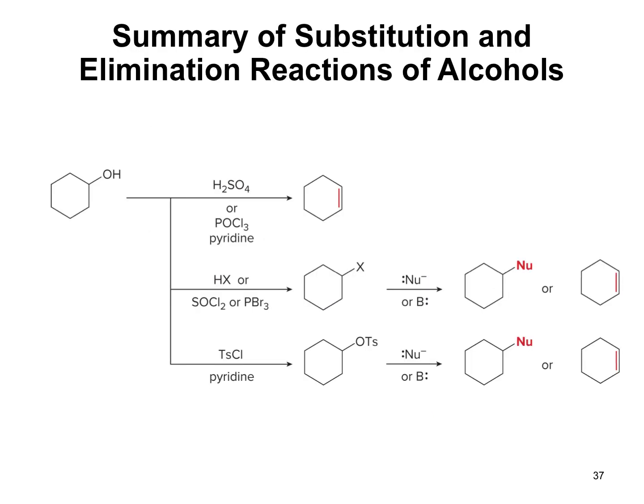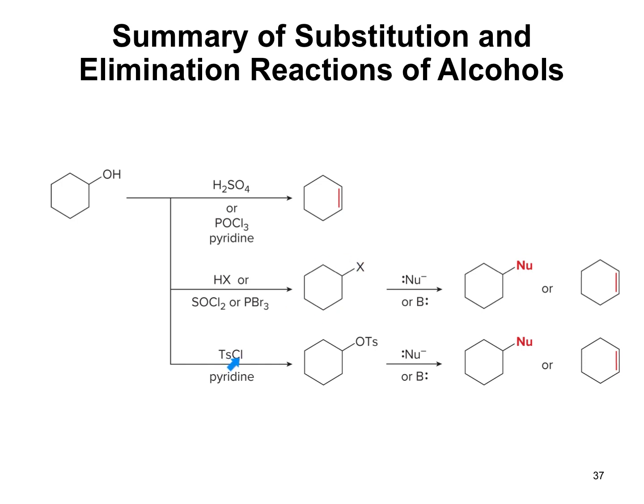Now, I love summaries, and this is a really great summary slide. This is showing you that we have an alcohol group here. We can add H2SO4, which is an acid, or we can add POCl3, and we can get a double bond here. We can add HX, or SOCl2, or PBr3, and get an alkyl halide.